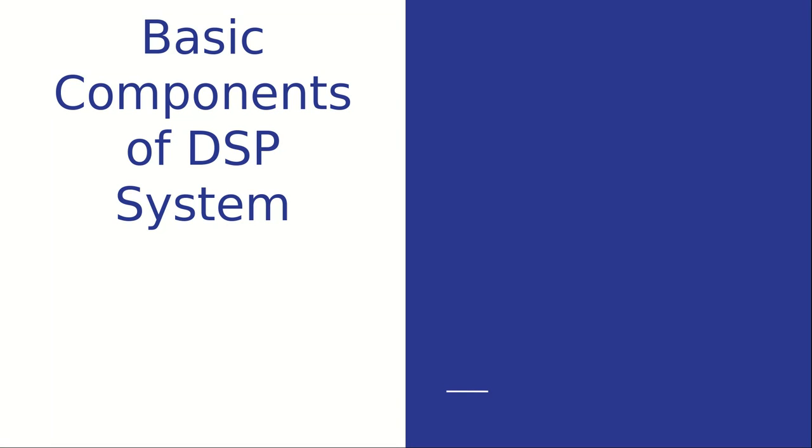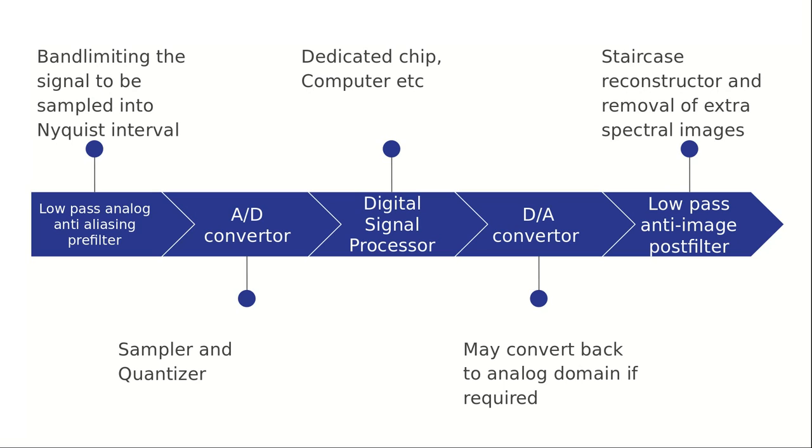Now let's see the basic components of a DSP system. A minimal DSP system would consist of at least these things, which include a low-pass analog anti-aliasing pre-filter to band limit the signal to be in the Nyquist interval, an analog to digital converter to sample and quantize the analog signal to convert it to digital domain.